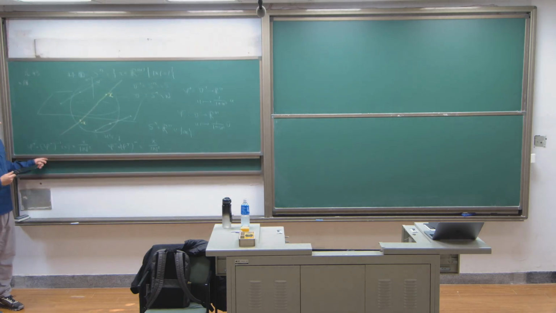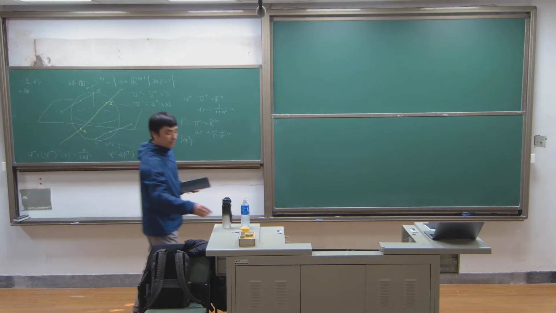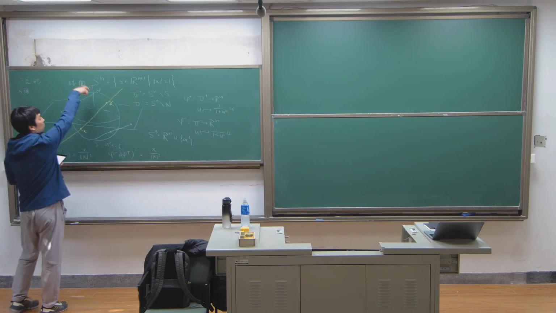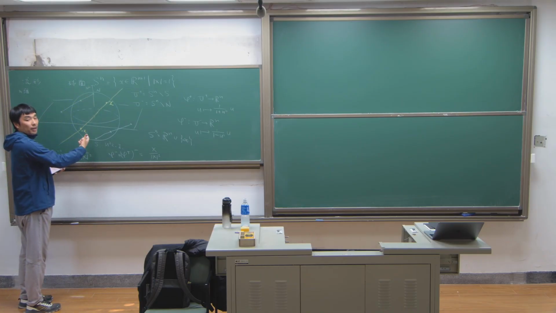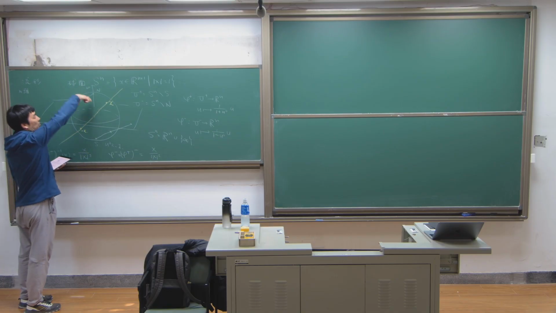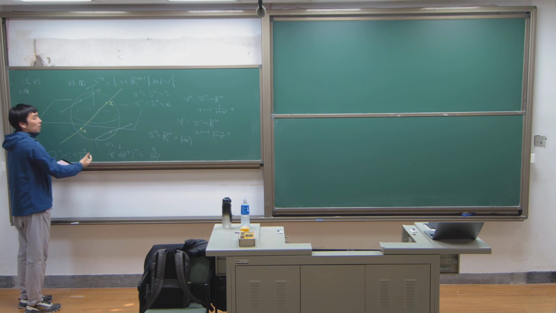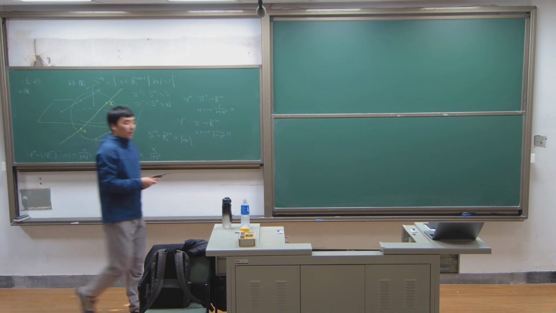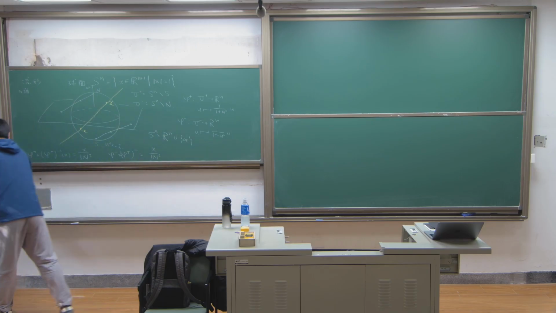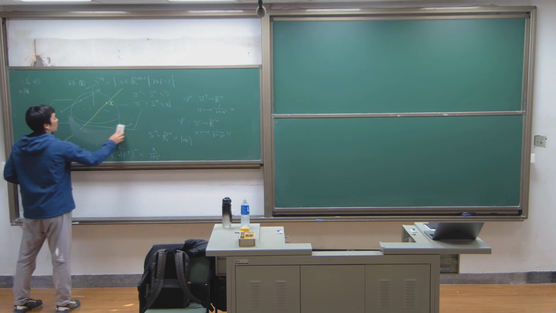If you do that, the northern hemisphere and the southern hemisphere are identified, except this equator. So this point is identified with this point, and so on. Therefore, for RPn, you don't need to consider the southern hemisphere, in fact.